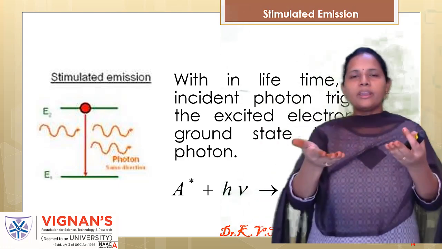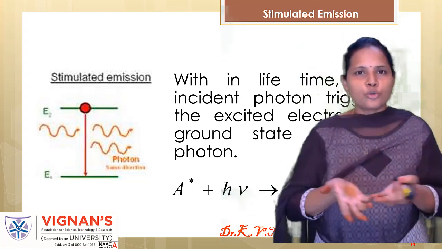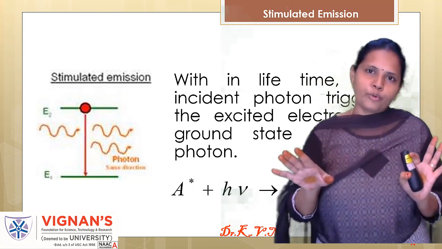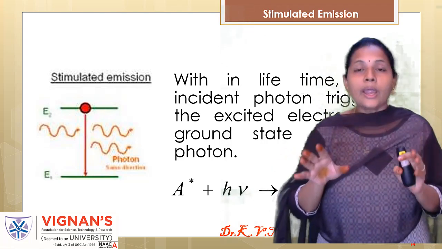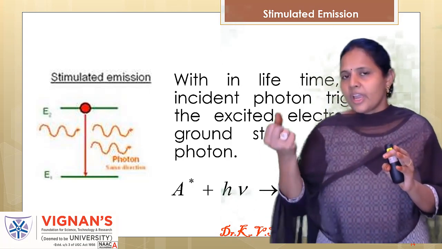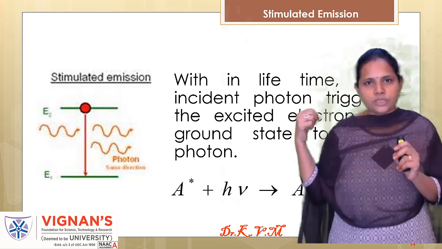If I don't supply any energy to the atom in the excited state, there is no stimulated emission. So you can say that it's not a random process. And the emitted photons are coherent in nature, hence we can use this in the amplification process.